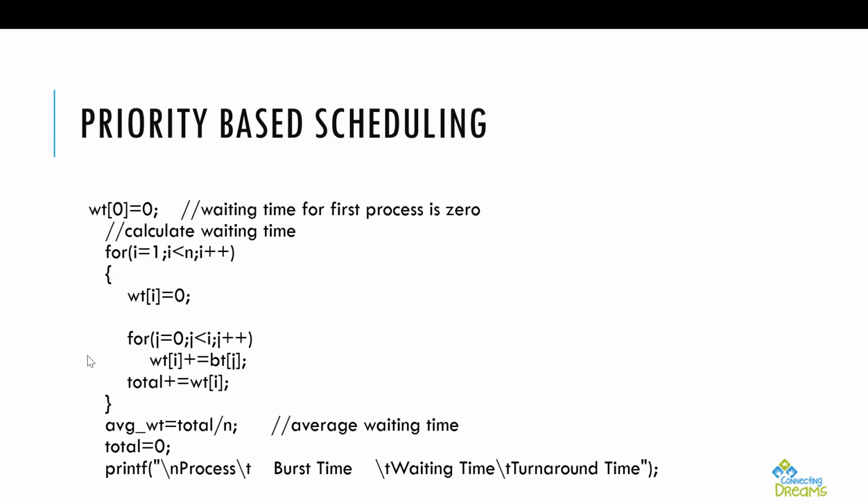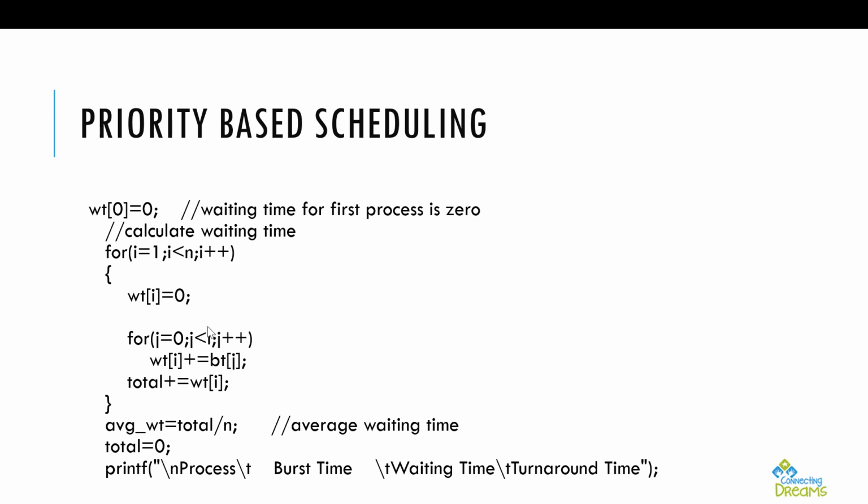In this section of code, we are going to calculate the waiting time for each process. Notice that i starts at 1 and runs while i is less than n. At this moment, the value of n is 4, considering we have 4 processes for this scheduling implementation. The waiting time for the first process is 0. Then for j equals 0, j is less than i.